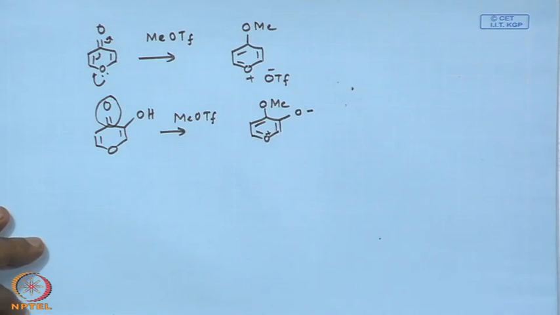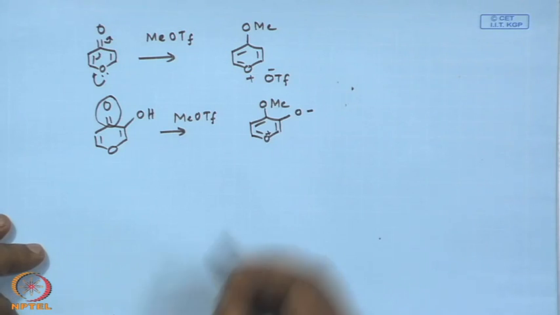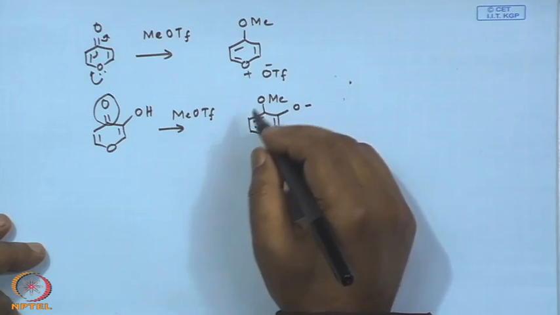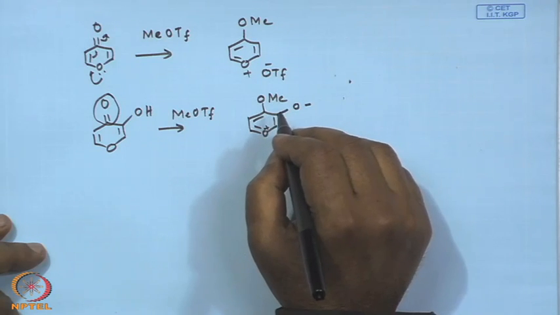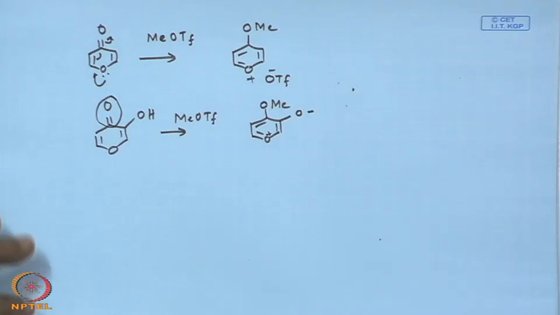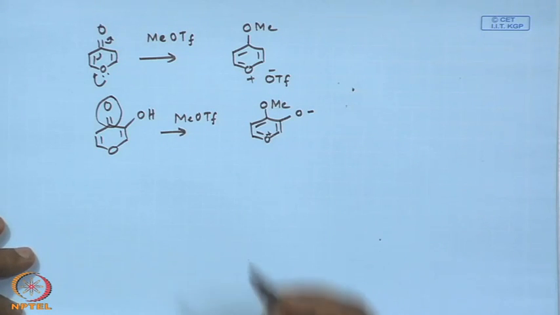So you get the corresponding betaine. Essentially, it is this 3-oxidopyrylium ion, a substituted 3-oxidopyrylium ion. That means there is an additional methoxy group at the 4 position.